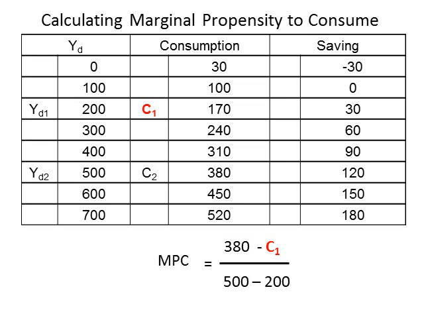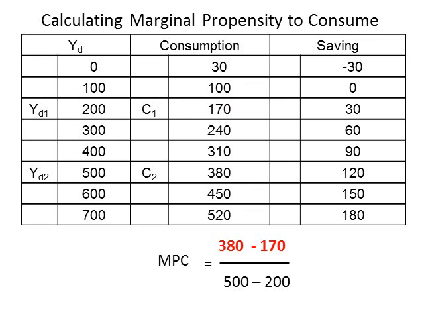Our next step is to choose a level of C1. Once again, we are compelled to choose 170 because we have already selected the level of income for Y1 to be $200. We're going to then substitute 170 into the formula.